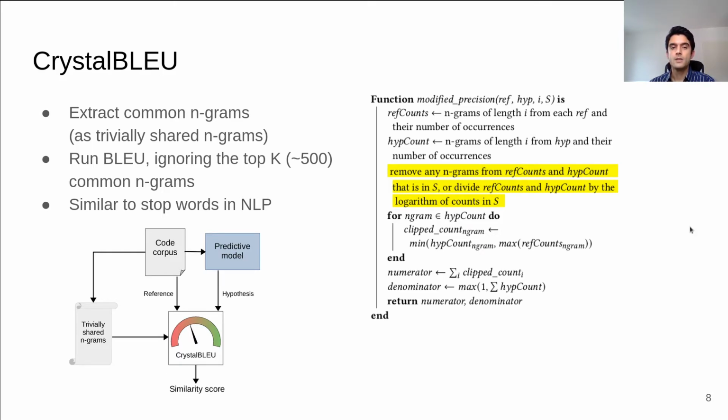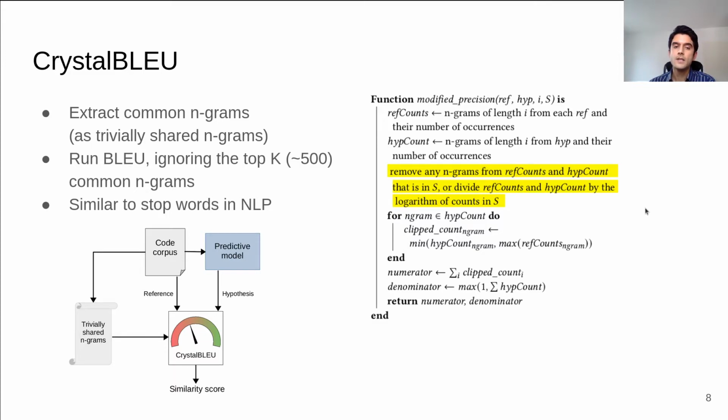And what we do is we extract these common n-grams, the trivially shared n-grams, and then we run the BLEU algorithm, but when we want to count the occurrences of these n-grams, we ignore the top k most common n-grams.